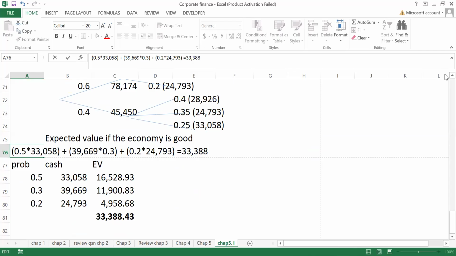That's what we have got. It means these are the expected cash flows in the second year.